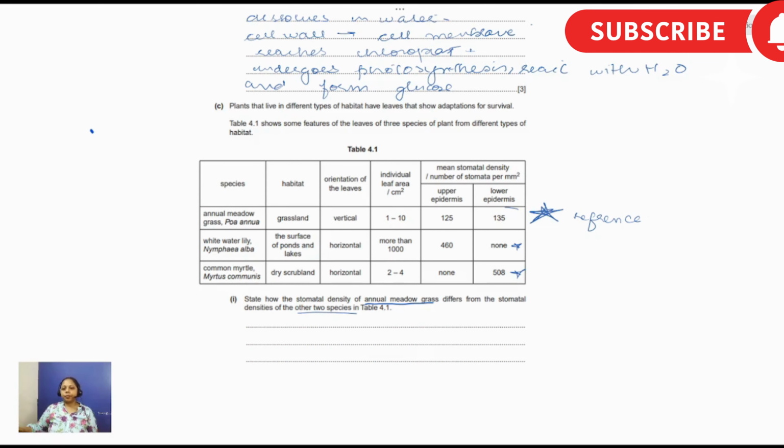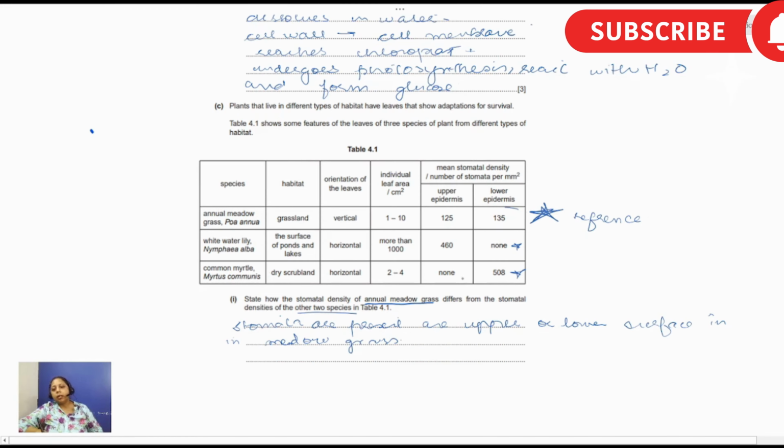So first of all, we say that stomata are present in upper and lower surface, and we need to give values for the lower surface in meadow grass. While in water lily, there are stomata present only in the upper surface but not in the lower surface.